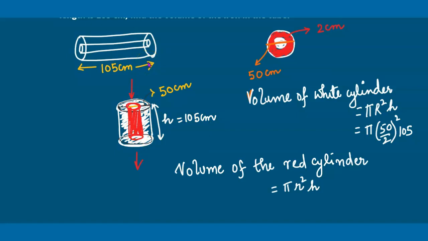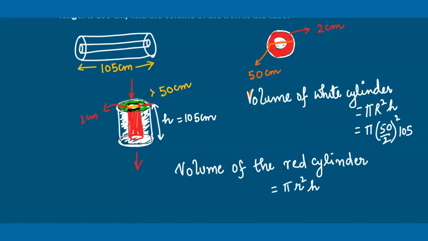So let's see, this is the diameter of the inner cylinder, and we already know that this much is the thickness. This is the thickness of the cylinder and it is equal to 2 centimeters. So 2 centimeter this side, 2 centimeter this side.